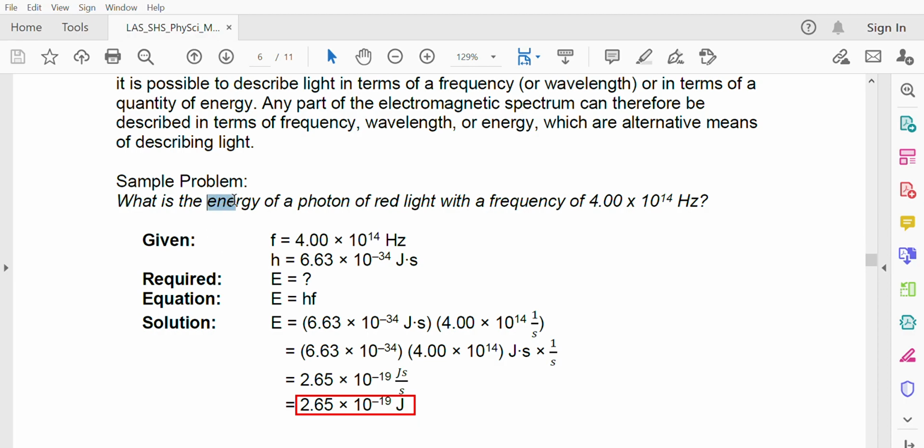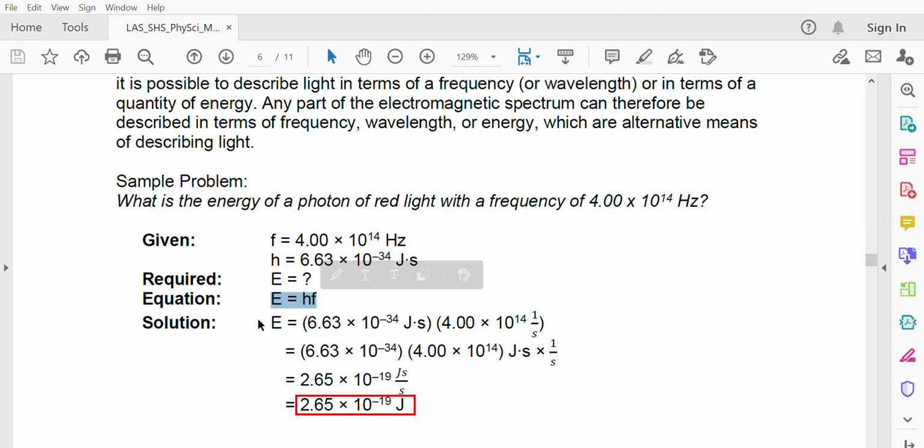The symbol for energy is big letter E, and the equation is energy equals Planck's constant times the frequency. After that, you have the equation and the given. Just write the symbol for the required, which is E, and then substitute the given data into the equation or formula.